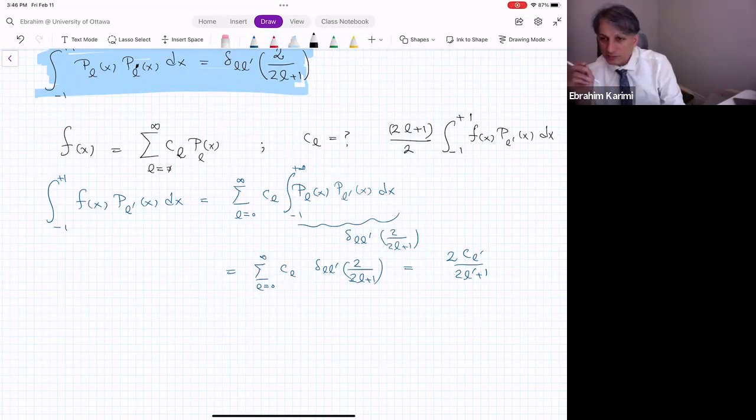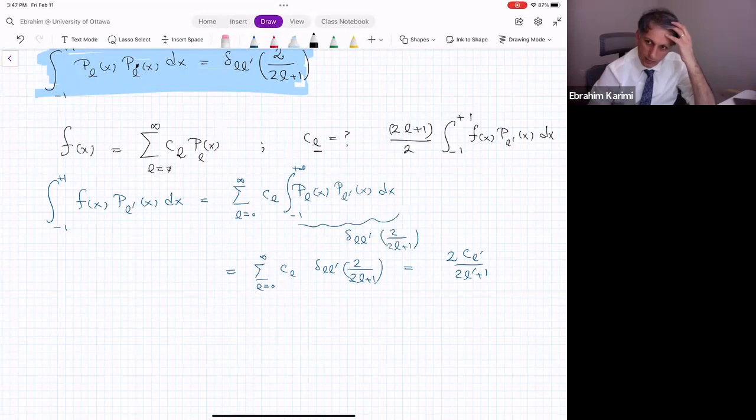I have not written it in terms of L prime because here we ask for L. Clear?